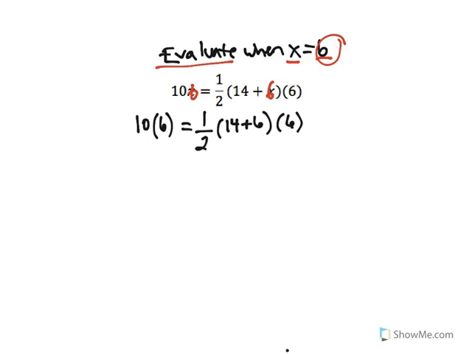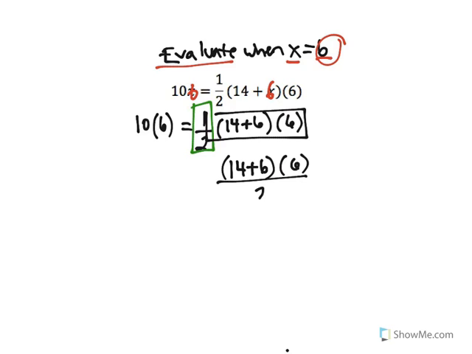Okay? Now these fractions always trip you guys up. Whenever you see a fraction times something over here, just rewrite it so that you have one numerator and one denominator. Okay? Does this work mathematically?